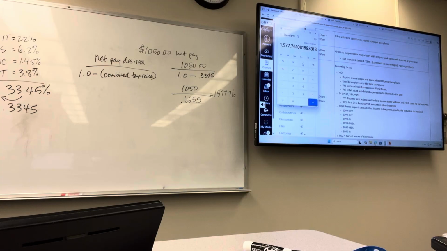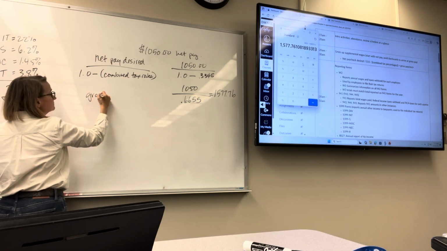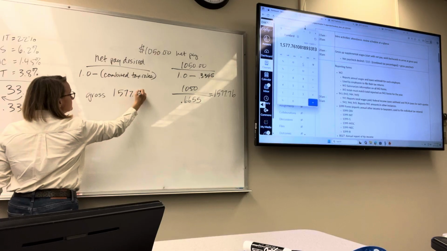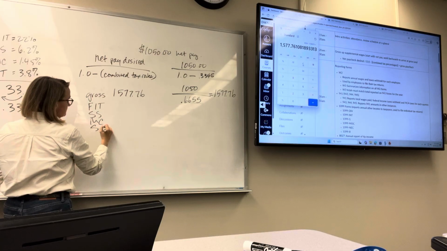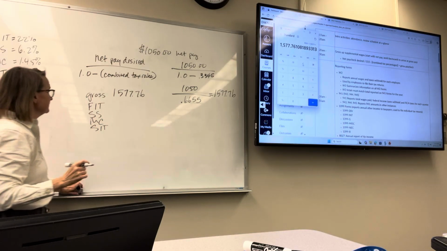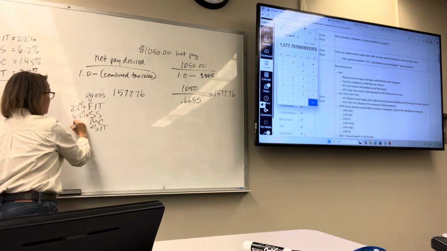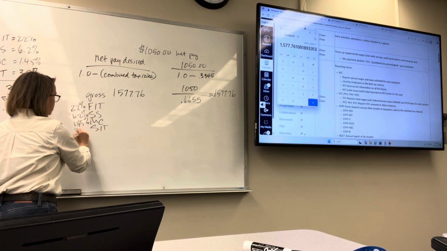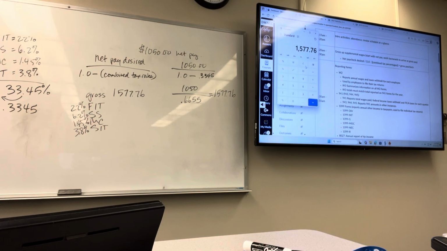Now we're not done yet. Yes, we figured out our gross pay, but we've also got to calculate what our taxes are. So we take our gross pay, $1,577.76, and the rates 22%, 6.2%, 1.45%, 3.8%. We're going to figure out how much the taxes are for each of those. 1577.76 times 0.22, 347.11.